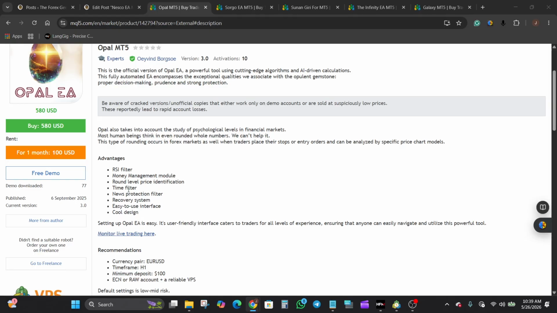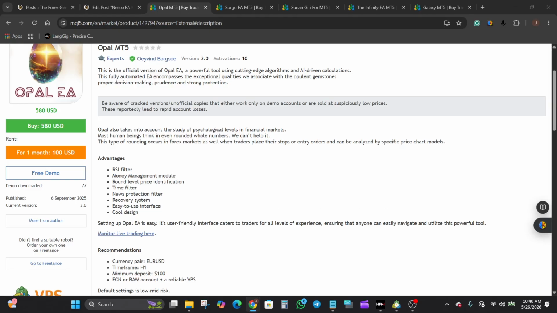It also includes round level price identification, which ties into that psychological level concept I mentioned earlier, along with a time filter and the news protection filter, which can help avoid trading during high impact market events.